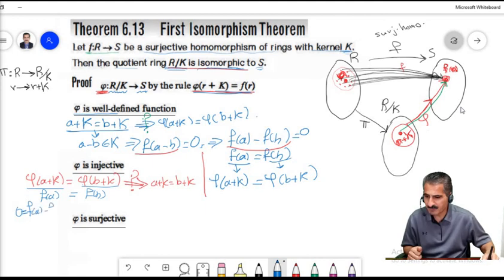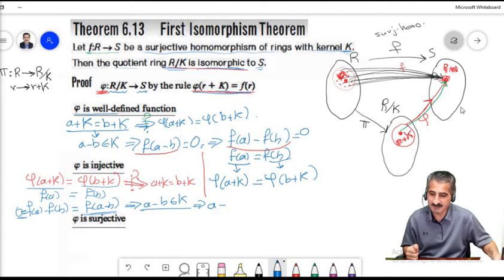So f of a minus f of b, but f is a homomorphism, so f of a minus b equals 0. That means a minus b belongs to the kernel, which means they give the same coset of K. And this is proved.